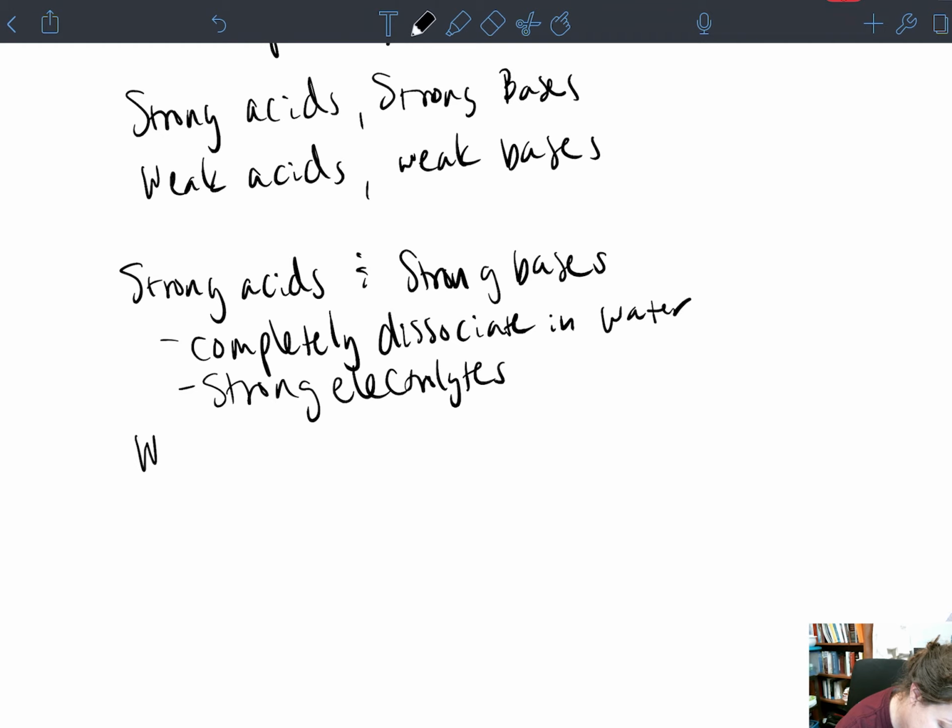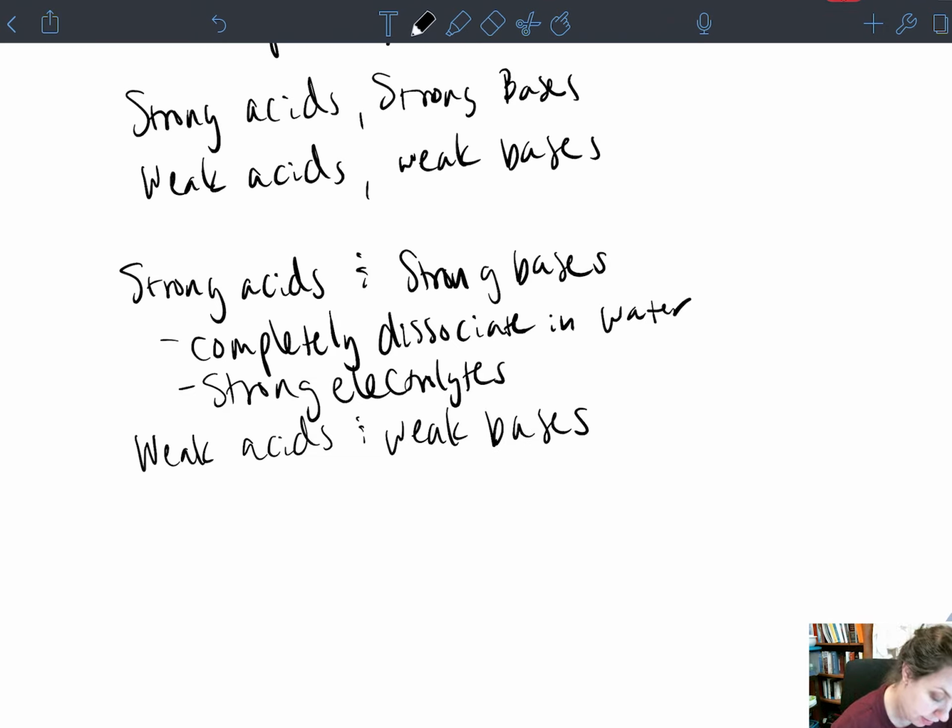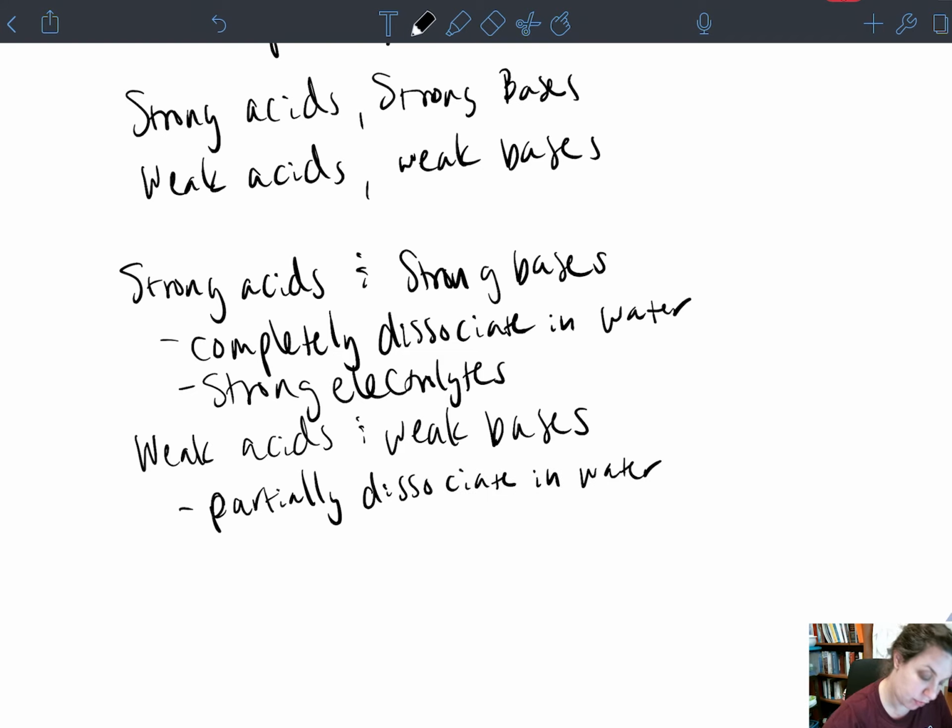Weak acids and weak bases do not completely dissociate. They are going to partially dissociate. So these are considered weak electrolytes.